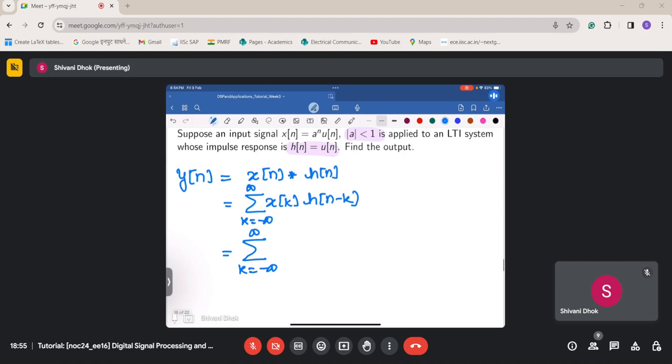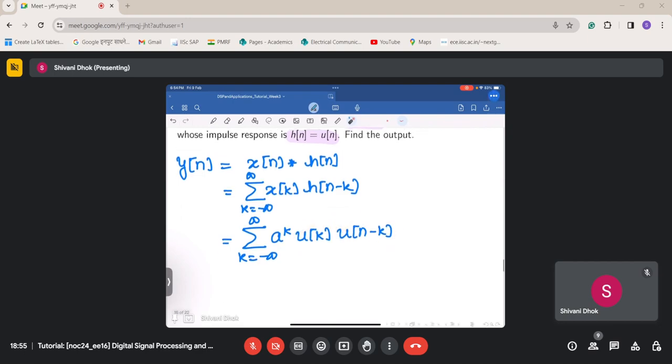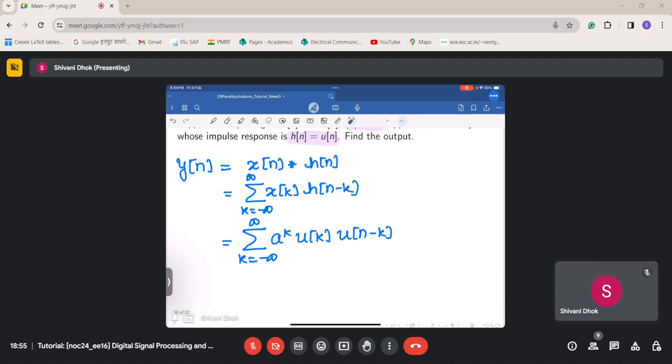So x[k] will be a^k u[k], and h[n minus k] will be simply u[n minus k]. Now let us look at when this product will be non-zero. That is, when both u[k] and u[n minus k] will be non-zero with respect to the variable k, and not n.